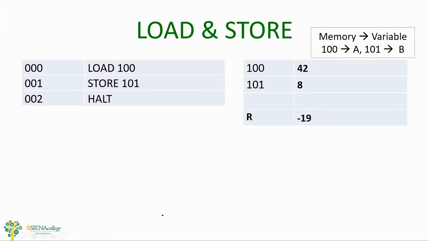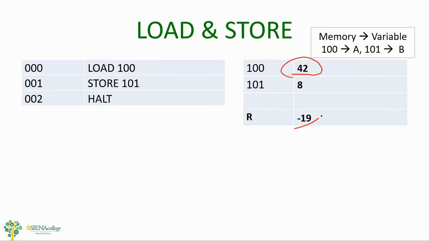So let's look at how load and store work together. Load 100 is going to take the contents of memory address 100 and put it into R. So right now, we have a 42 in location 100.